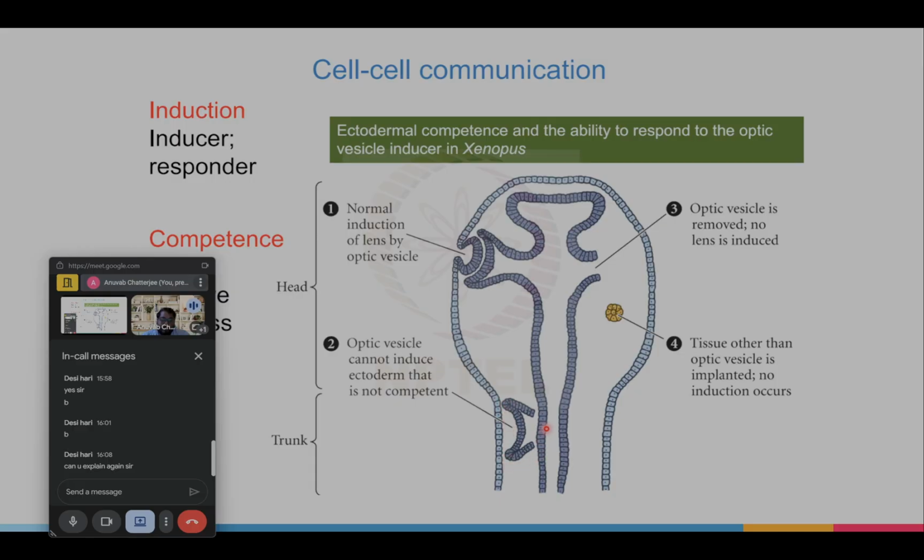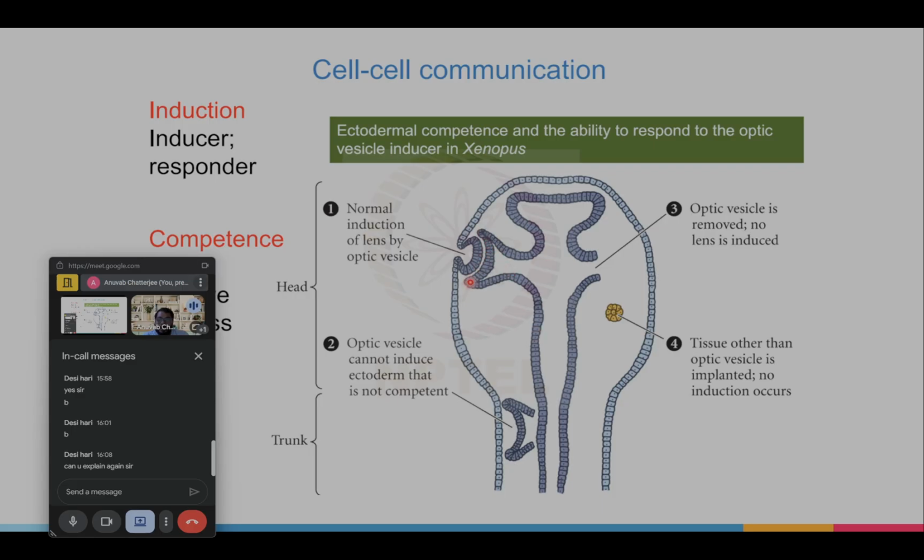Even though there is a tissue inducer, the cell layer neighboring it is not competent to form the structure. So it does not have the ability to catch the signals and undergo morphogenesis. And that is why if the inducer is here near the trunk ectoderm, there is no lens formation as we see right here. So this is the entire concept of inducer and competence.